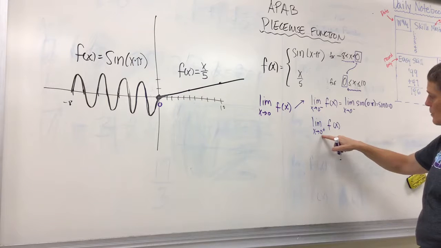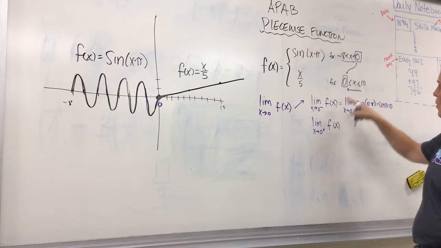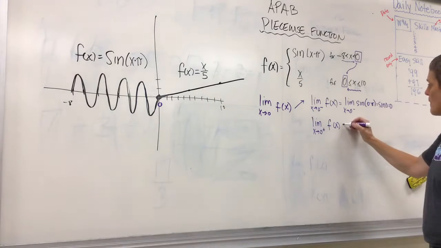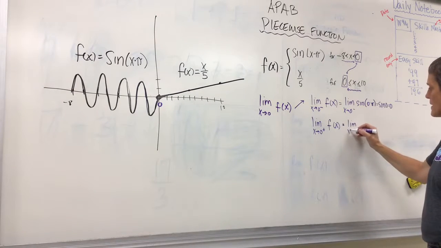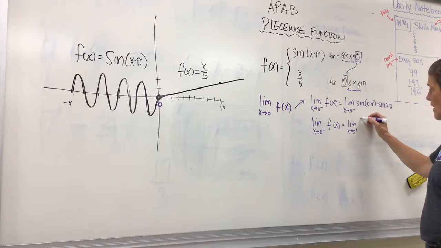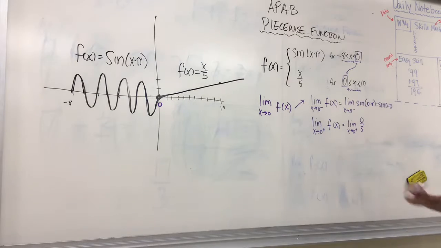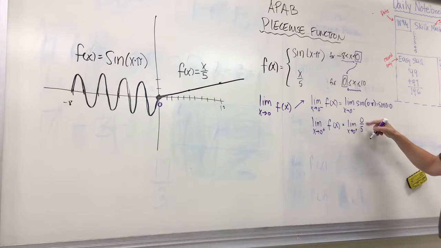If we're approaching from values larger than 0, we're in this domain, which means we're on this function. So we're taking the limit as x approaches 0 from the right of x over 5, which is going to be 0 over 5, because we put the 0 in for x. And just like our discussion at the beginning of the class period, 0 over any number is 0.